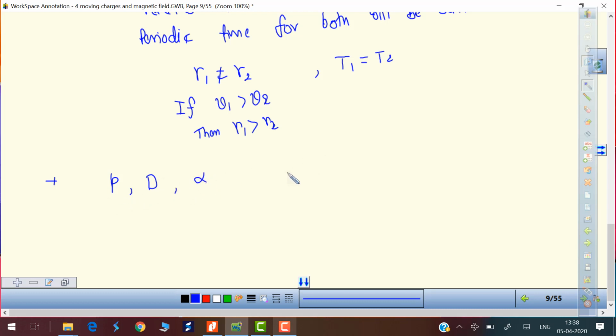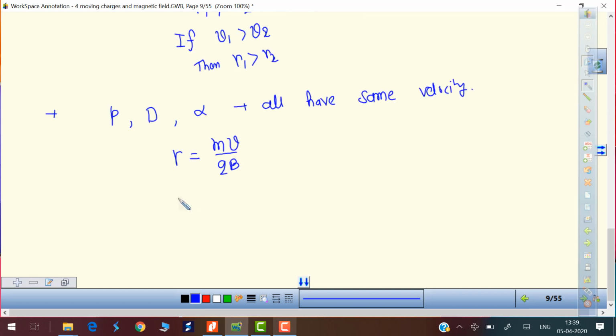I want to compare radius. I want to compare periodic time also. So what is my formula? R is equal to mv upon qB. All have the same velocity. I write same velocity. Now I do the comparison.